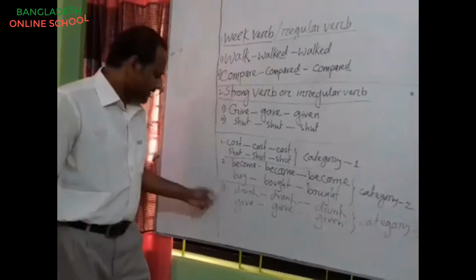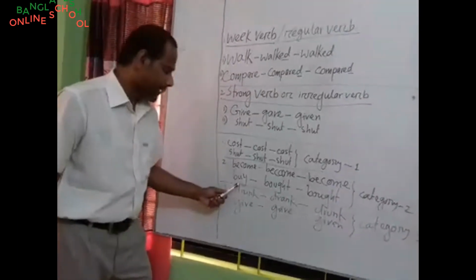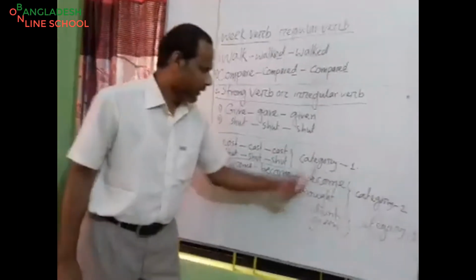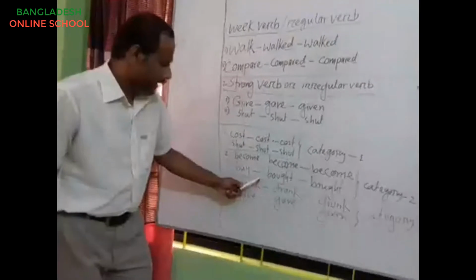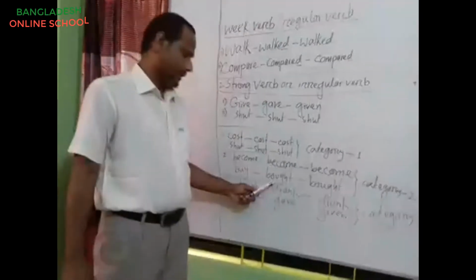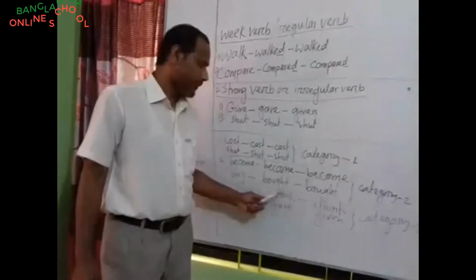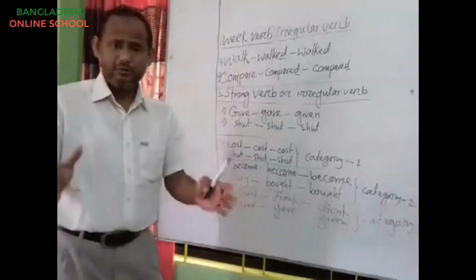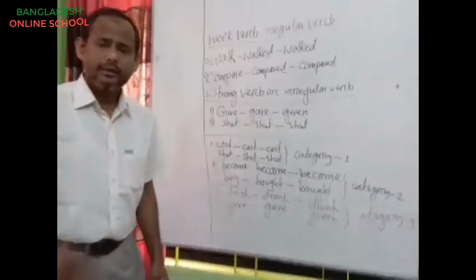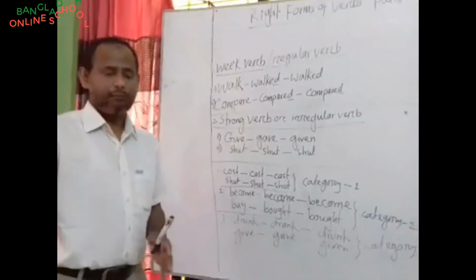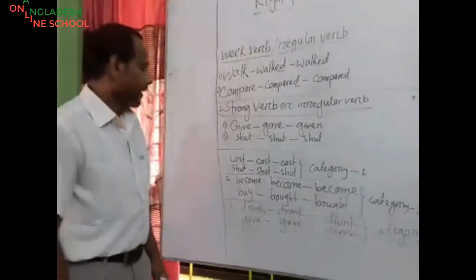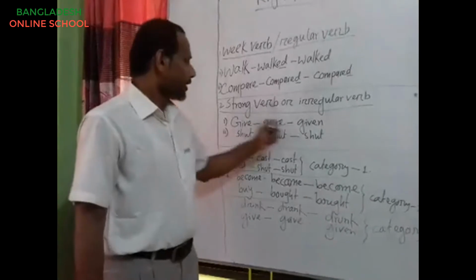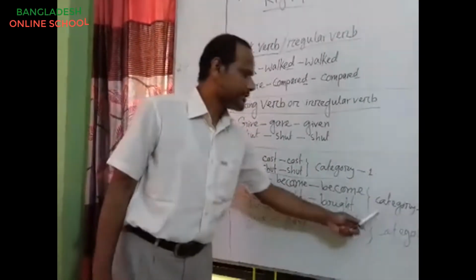In the second example, buy, bought, bought. Here, bought is past form and bought is also past participle form. That is, past form and past participle form, these two forms are the same. In this way, strong verbs are formed. This is category 2.